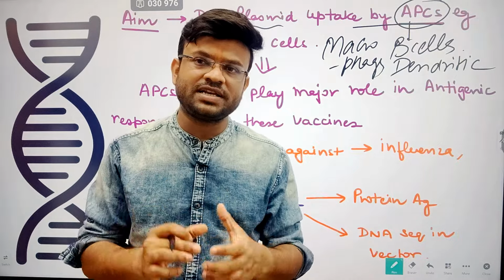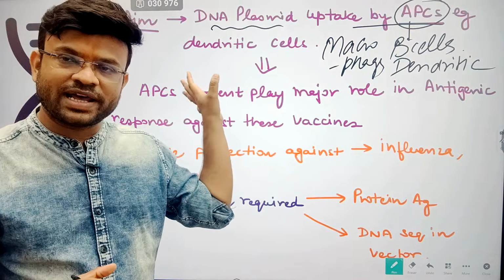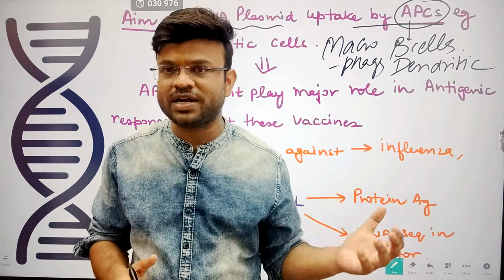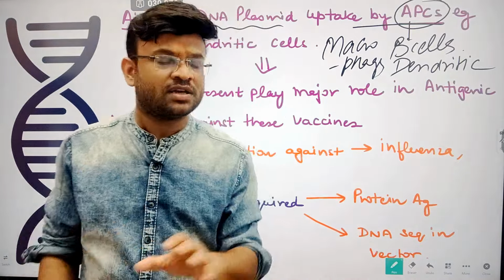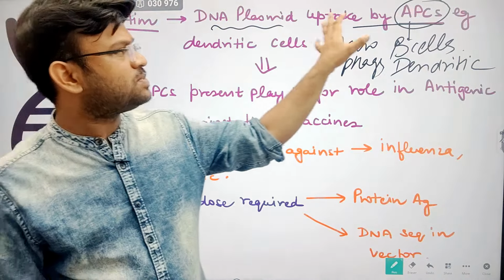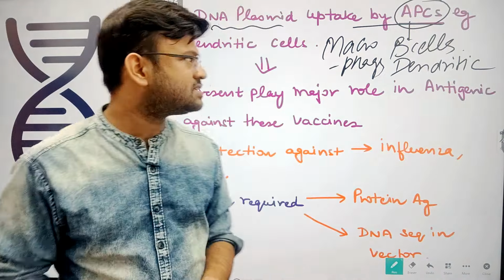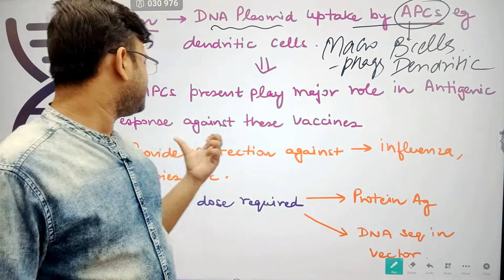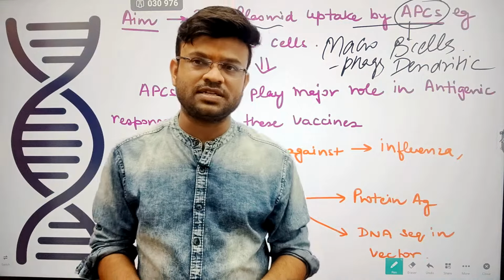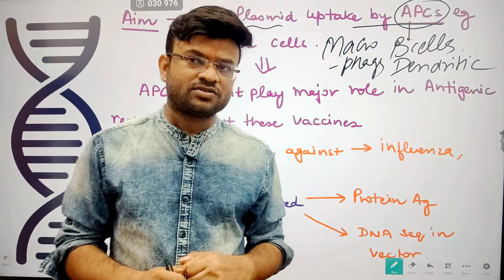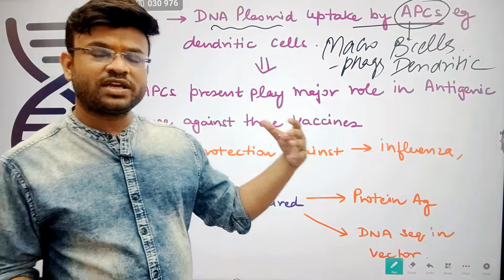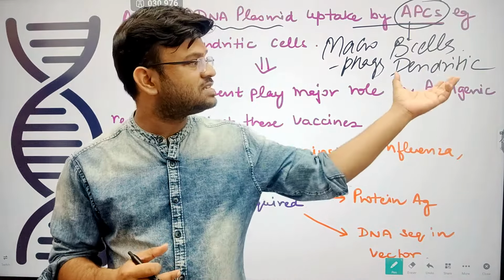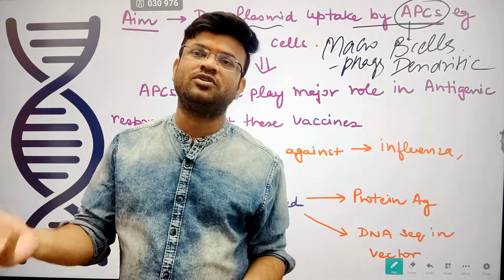The method that I just talked about, that TC cells will be activated and an immune response will be generated, is fine. But if somehow the DNA plasmid is taken up by the antigen presenting cells, what will happen? Antigen presenting cells play a major role in antigenic responses against these vaccines. So understand this, whatever vaccines you are giving, if the antigen presenting cells get involved, then obviously B cells, if they get involved, humoral immunity will also get involved, right?